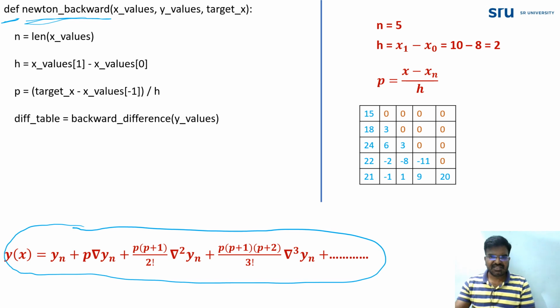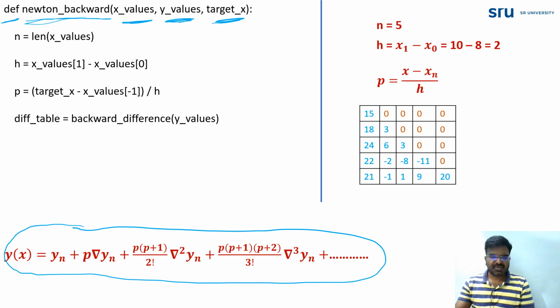For my calculations, first I need x values, then y values and target x. Target x means what is the temperature at x equal to 15? That is the question. So target x is 15. So these are the variables I am using in my calculation.